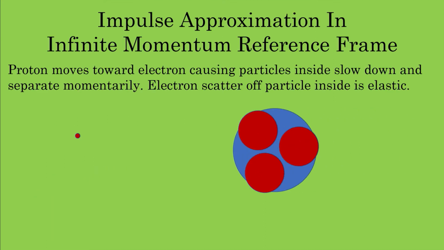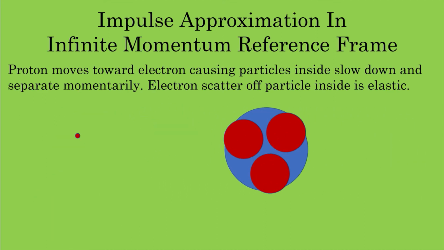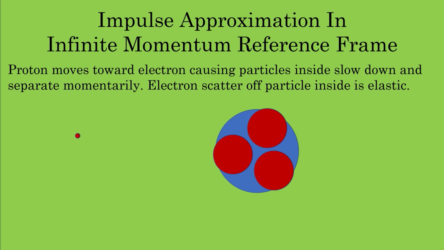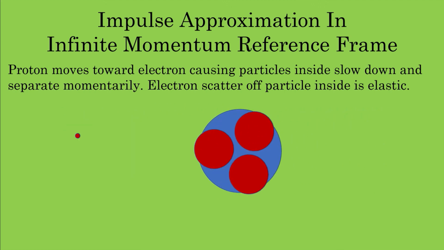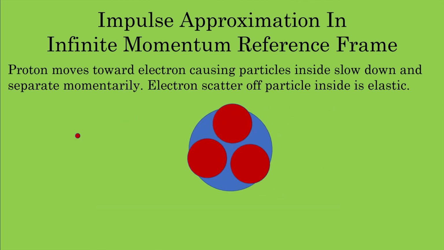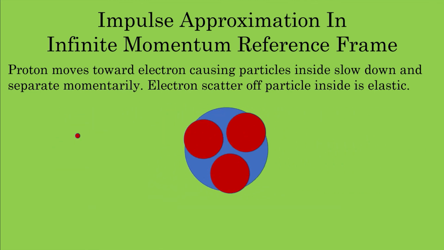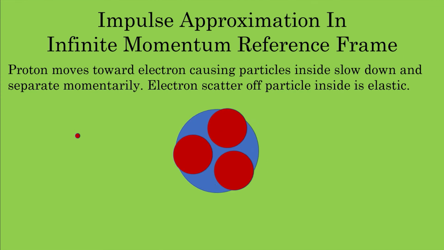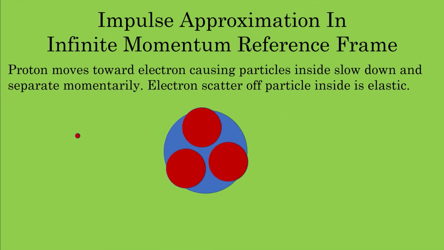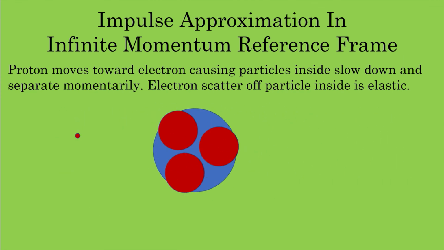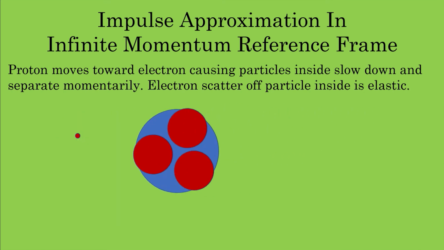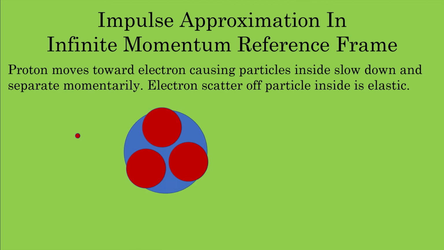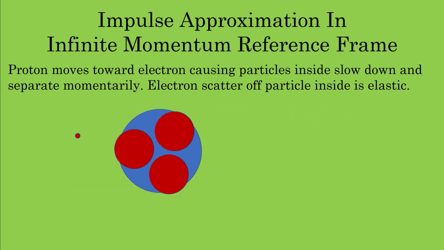Parton theory then assumes an impulse approximation applies that causes the partons in the proton to momentarily separate from each other. The partons all travel in the direction of the proton's motion and each carries an equal fraction of the proton's momentum. The electron scatters incoherently off a single parton in the proton, and the scatter is elastic, providing momentum information about the particles inside the proton.